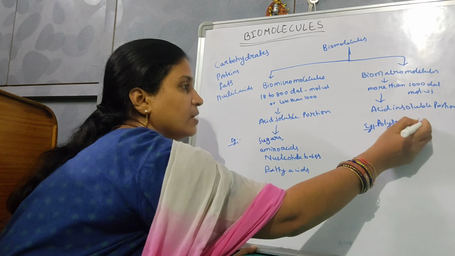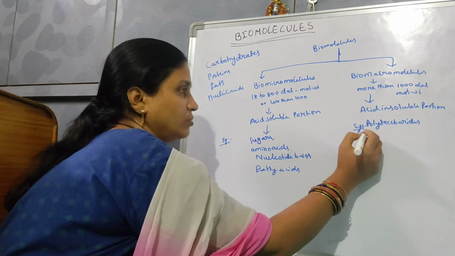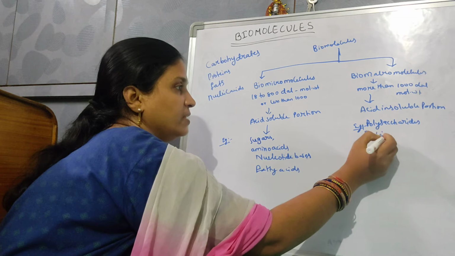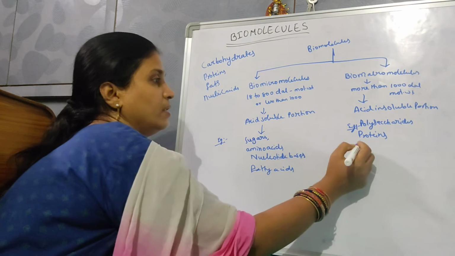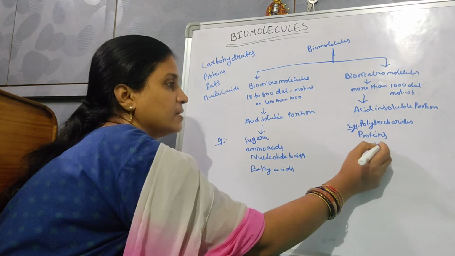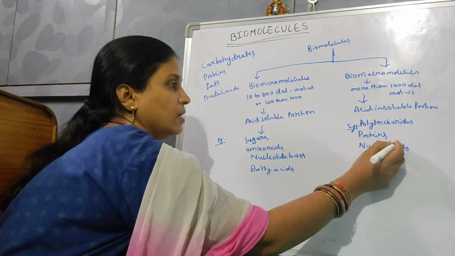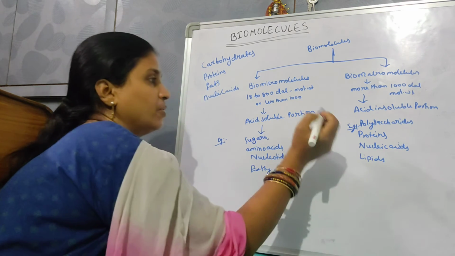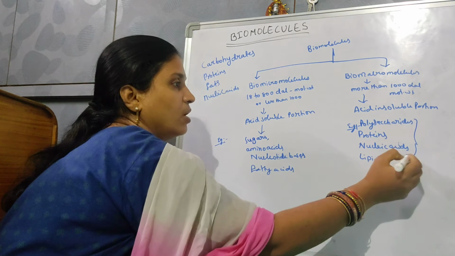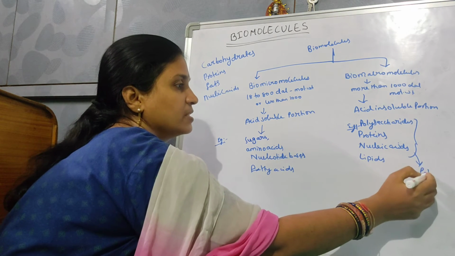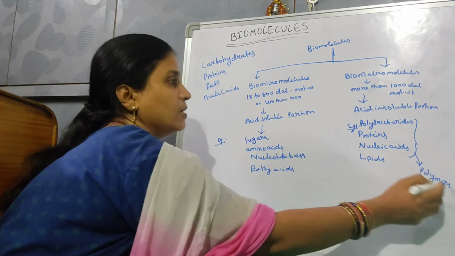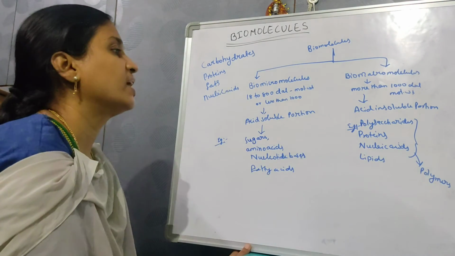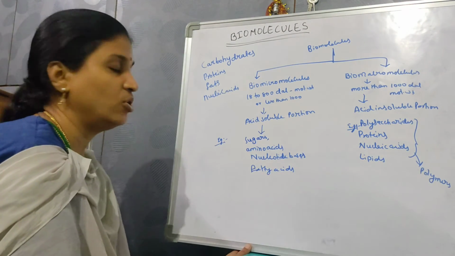Coming to examples of macromolecules: polysaccharides, proteins, nucleic acids, and lipids. In this, these three are polymers. Polysaccharides, proteins, and nucleic acids are polymers, whereas lipids are not polymers.